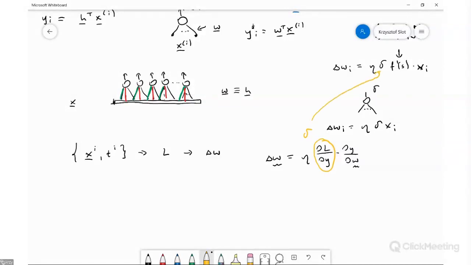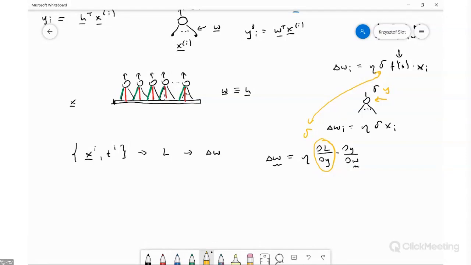So this is exactly the same formula as here, but in this formula I'm explicitly identifying this error as a derivative of loss with respect to the output of this particular neuron. This particular neuron has an output y, and it is an element of a larger network.